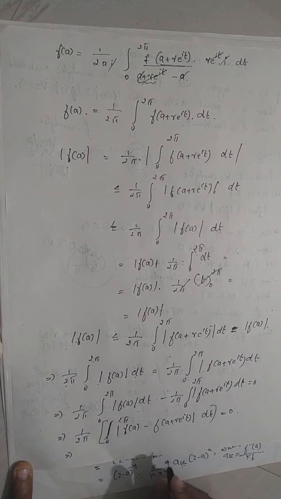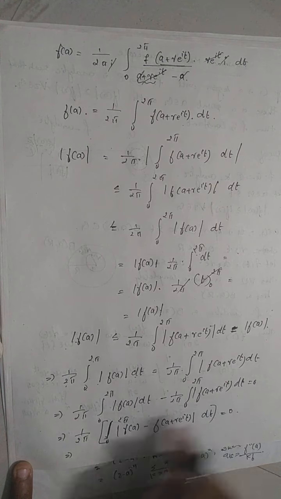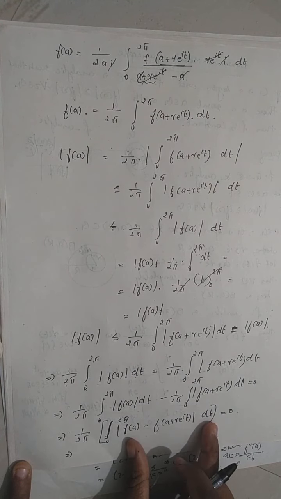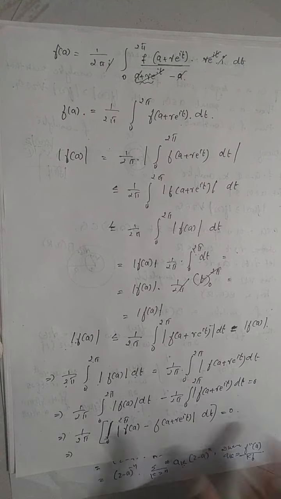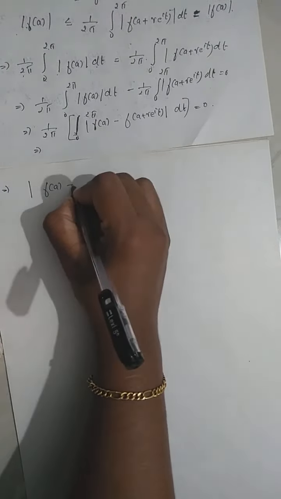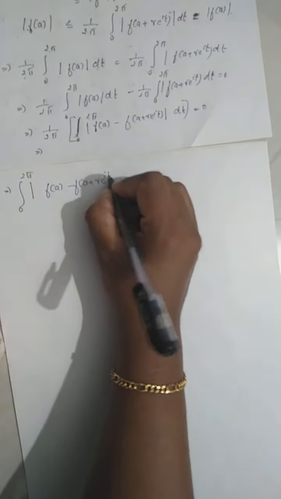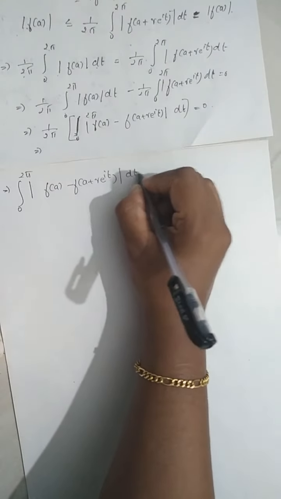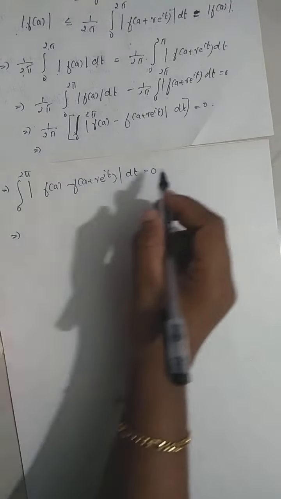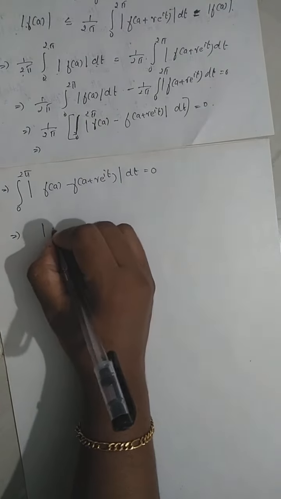1 by 2 pi cannot be 0. So the product of two terms is equal to 0. One is non-zero means the other thing is equal to 0. So this integral will become 0. So we get integral 0 to 2 pi of mod f of a minus mod f of a plus r e raised to i t dt is equal to 0. Now integral of mod f equal to 0 means that mod f is equal to 0.